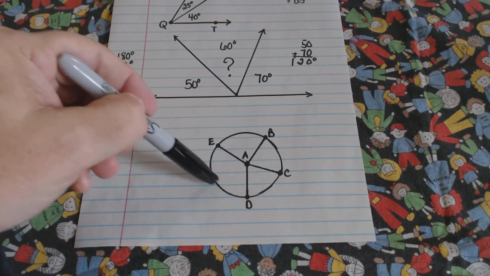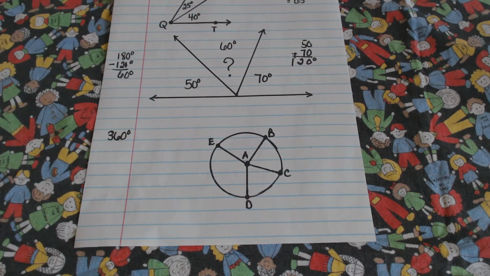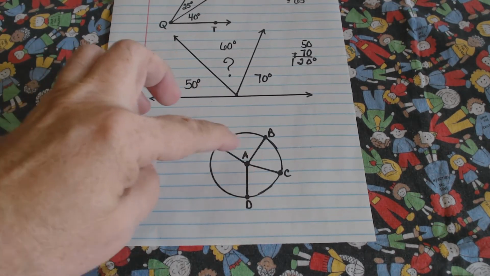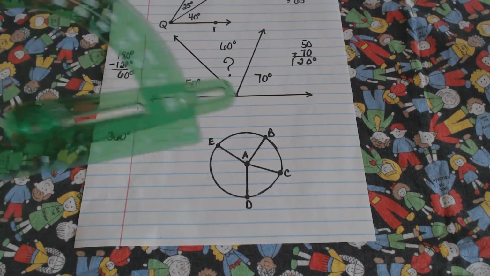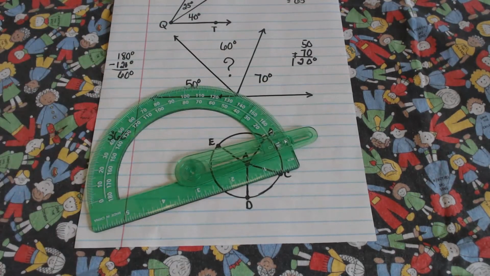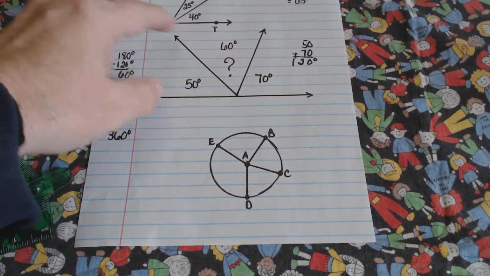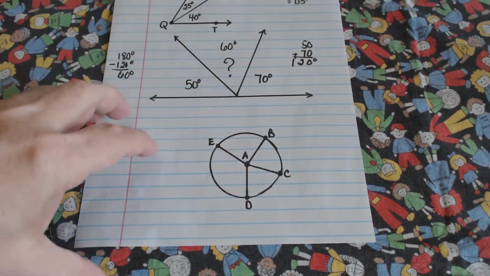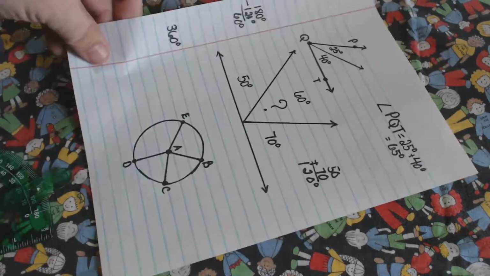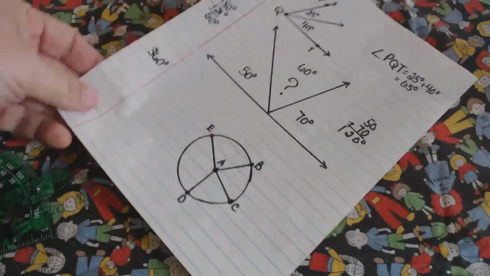So once around a circle is 360 degrees. Now, we don't have any measurements here, so we're going to need to use our protractor. So let's do that. Just like with the other problem, feel free to turn the paper so things are easy for you.